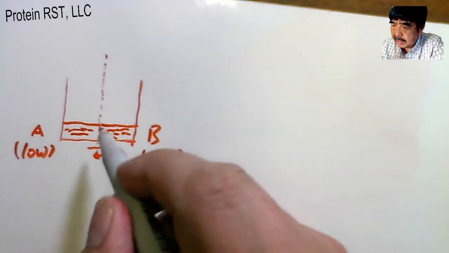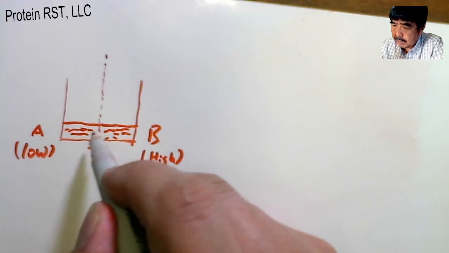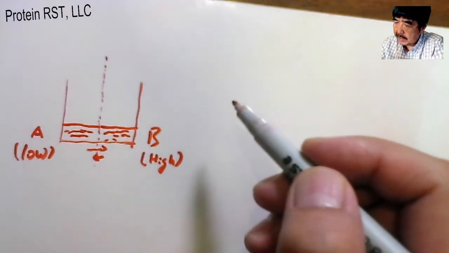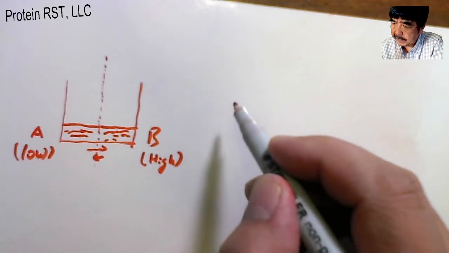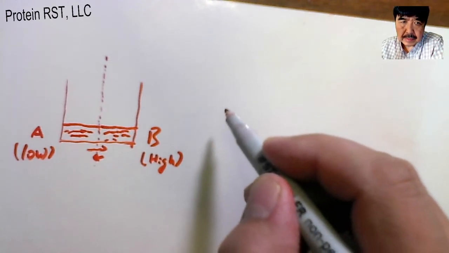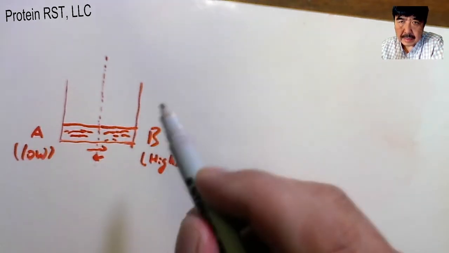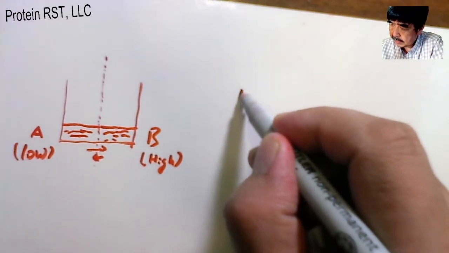So at the beginning more water molecules flow from A to B. Eventually the water molecule flow rates from A to B and from B to A become the same.